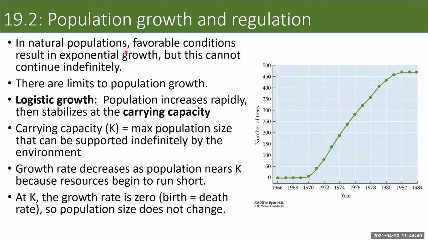In natural populations, those favorable conditions can and do exist, but they don't exist forever. They don't continue indefinitely. That means that a population will experience exponential growth, but eventually that exponential growth will cease and it will be capped by some sort of limitation. And that cap is what we call a carrying capacity, and we denote that by K, the variable K in our model.